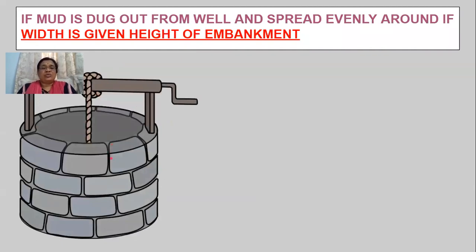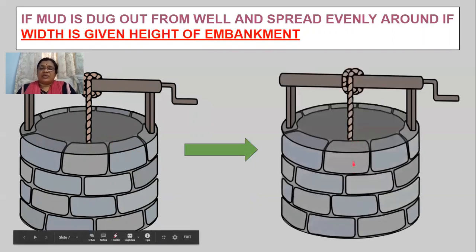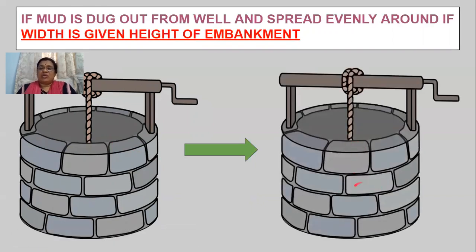And this one is a well. When mud is there inside this well, what is the shape of this well? The shape of this well is a cylinder. So naturally, the mud inside the well will be in the form of a cylinder.